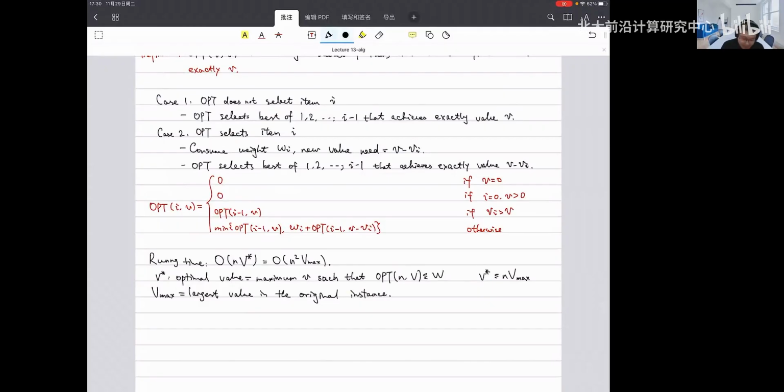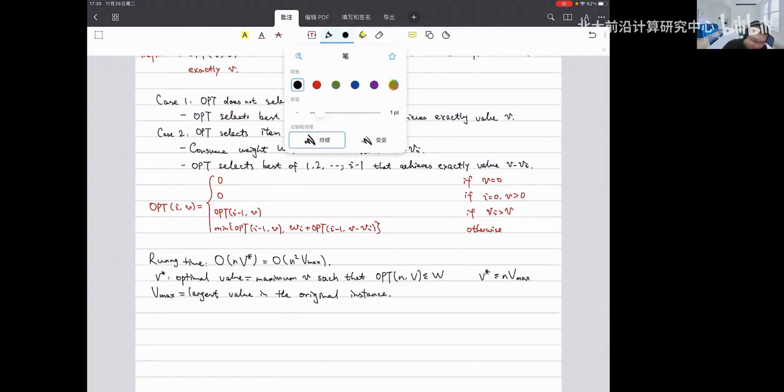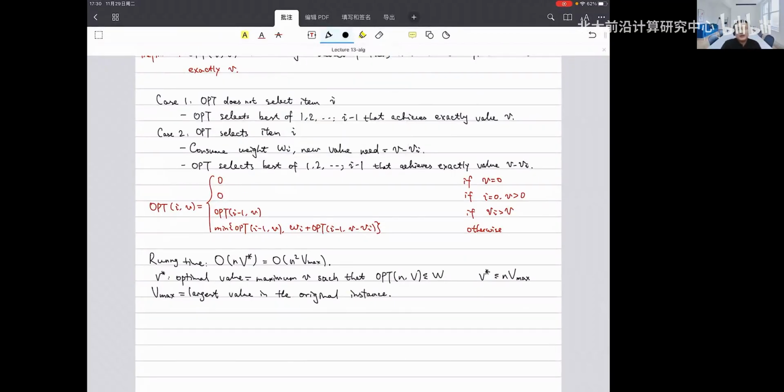Another observation is that V max is the value of the item with the largest value in the original instance.